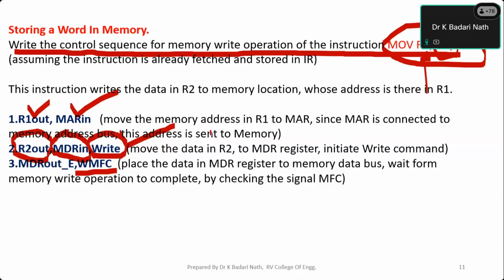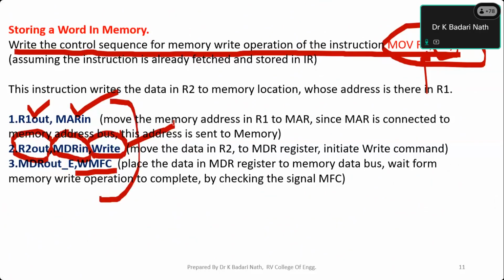In that clock cycle, I have to finish writing. Then only can I open the MDR out. I cannot make the MDR in and out in the same clock cycle. That is why in the second clock cycle we finish writing to the MDR, and in the third clock cycle we open the MDR to the external data bus and wait for the memory function to complete. Once we get this signal, the operation is completed, and we can go for the next instruction to be executed.